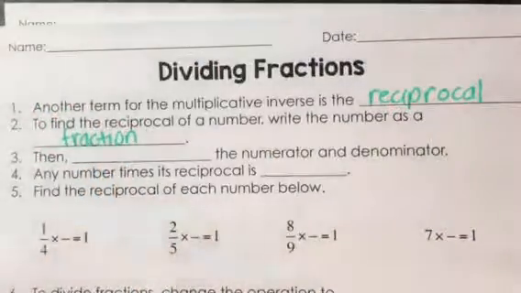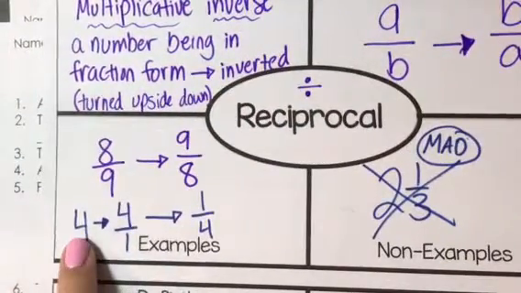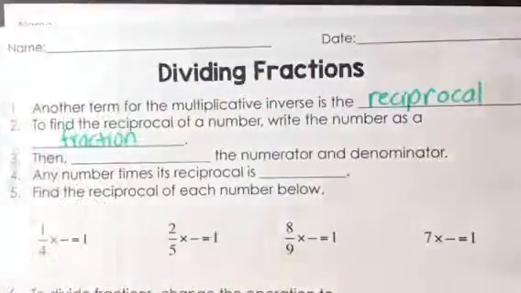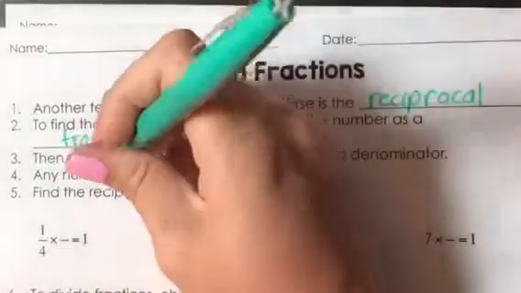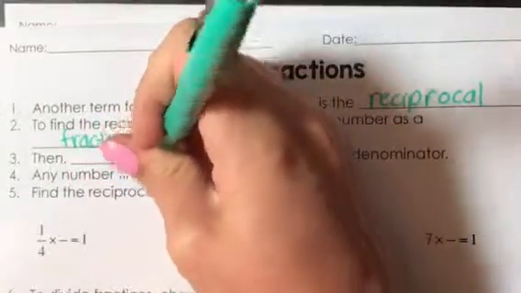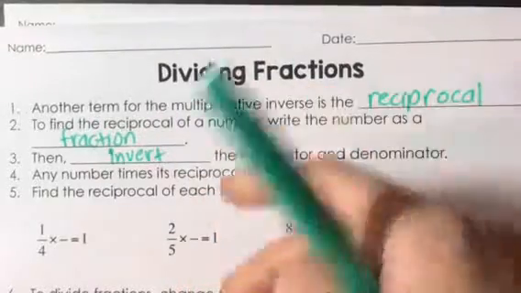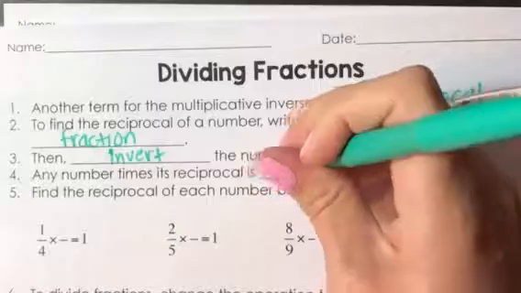So kind of jumping back to my whole number example, I couldn't just leave it a whole number. I had to make it into a fraction. Then I could find its reciprocal. You got to write it in fraction form first. Then you invert the numerator and the denominator. So you flip them. Any number times its reciprocal gives me the answer 1.